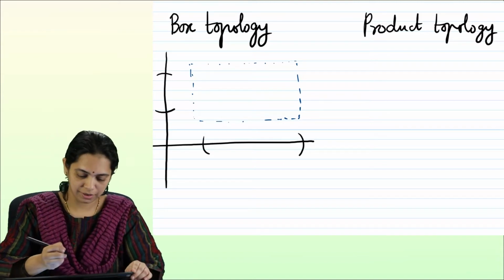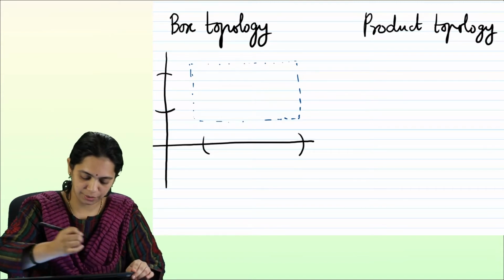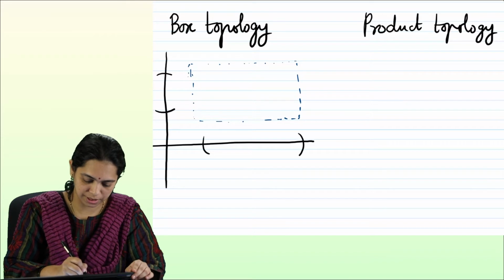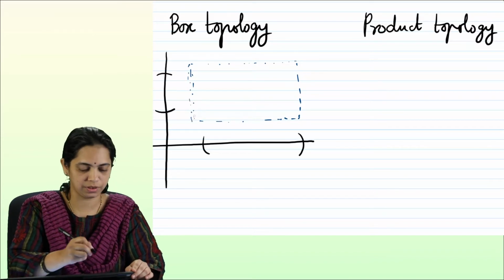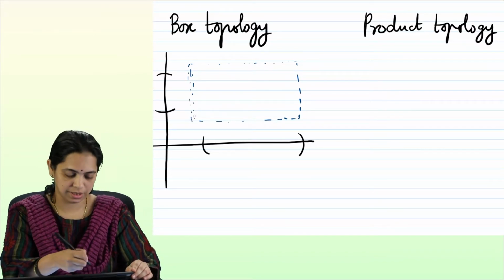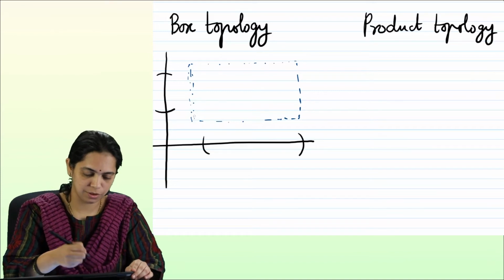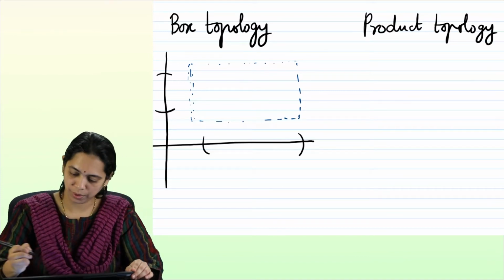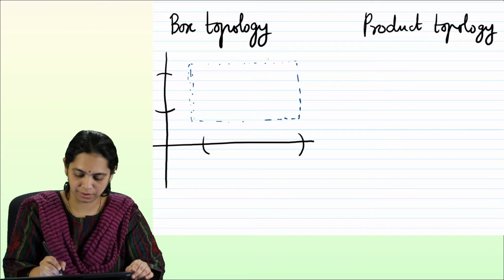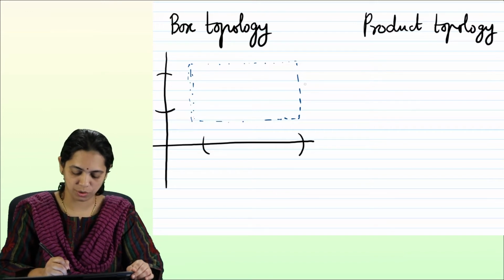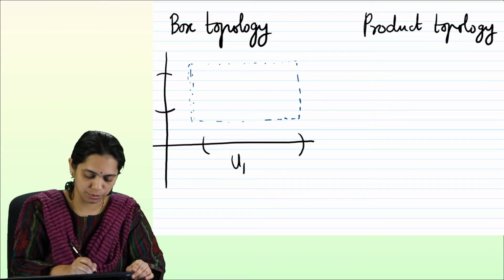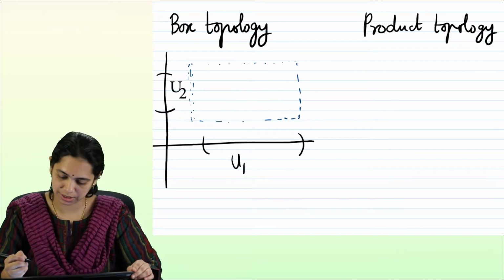So, in fact, we can see that you can take this open set along the y axis to be the whole of the y axis, because the y axis is open in itself. So, what you actually get is a box when you consider U1 cross U2 in the box topology, hence the name.